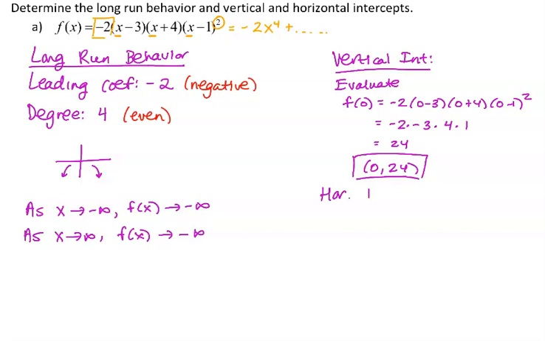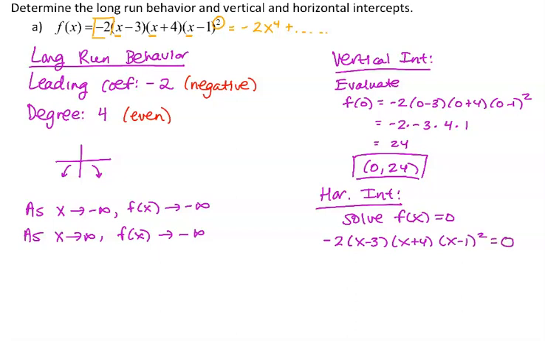To find the horizontal intercepts, or also called the x-intercepts, we want to solve f of x equal to 0. So we're going to take this factored form, our negative 2 times x minus 3 times x plus 4 times x minus 1 squared, and set it equal to 0. So when you have a function in factored form, things multiplied together set equal to 0, the left-hand side will be equal to 0 if any one factor is equal to 0.